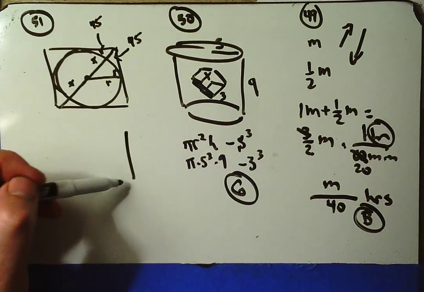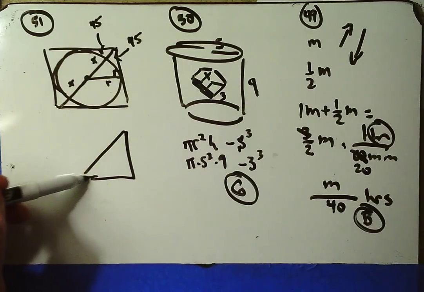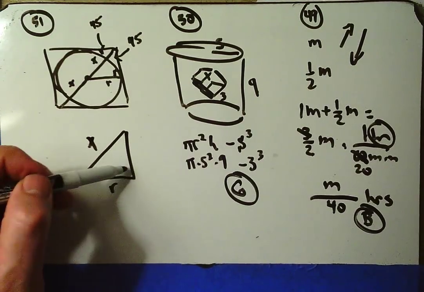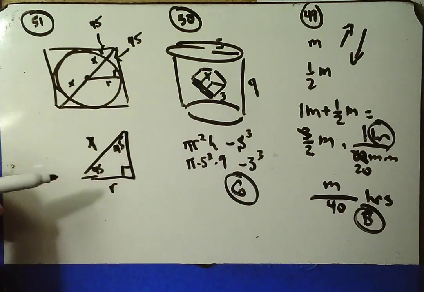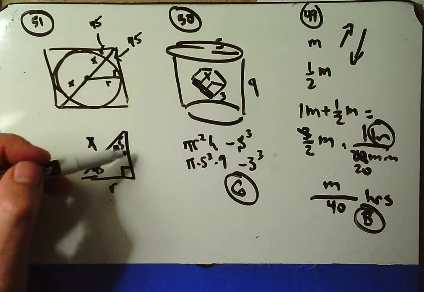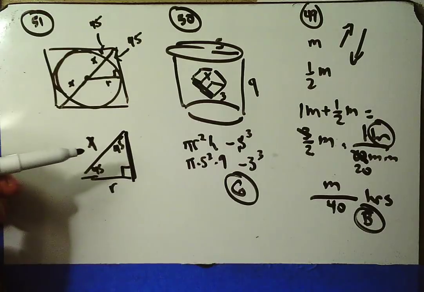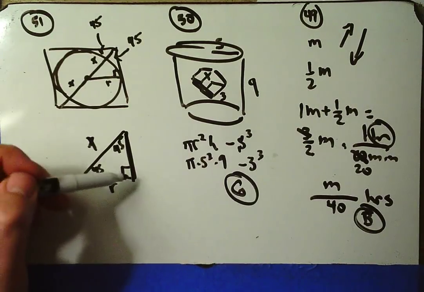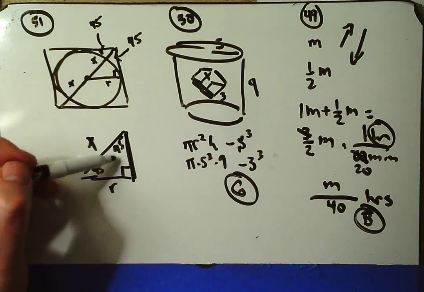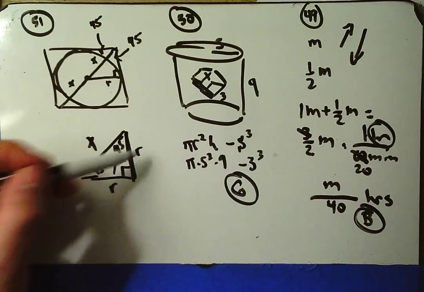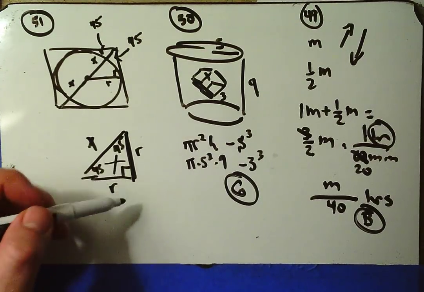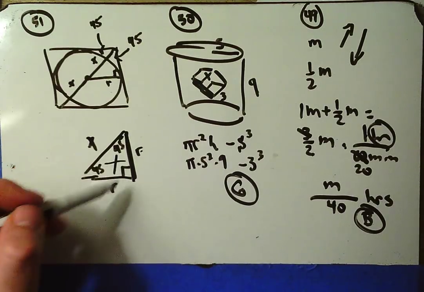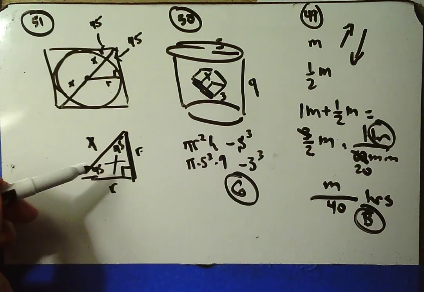And so what I'm really looking at now is x, r, a right angle, and a 45, 45, 90. Okay, so how long is this side? Well, we know in a 45, 45, 90, if these angles are the same, then the sides opposite must be the same. So I know that the side lengths are r, r, and x.